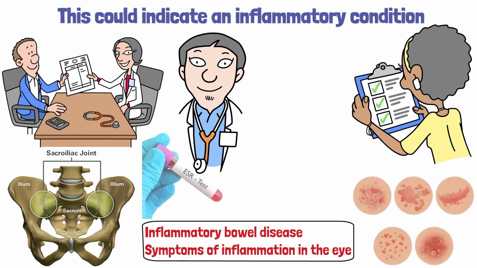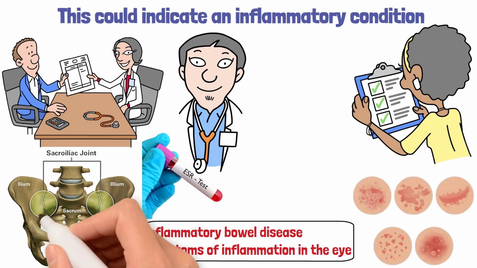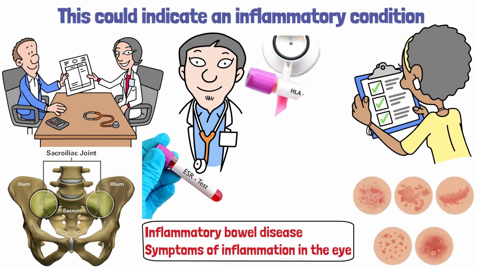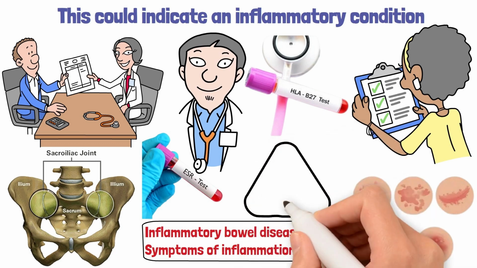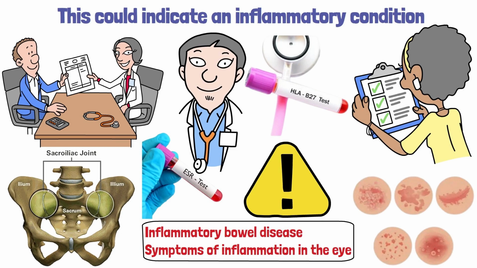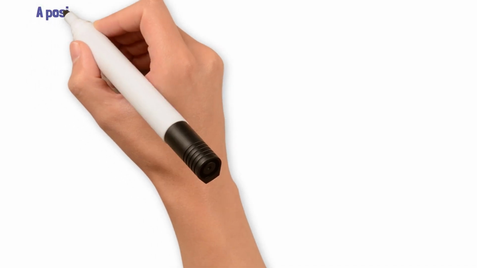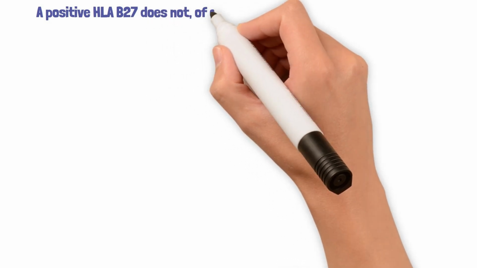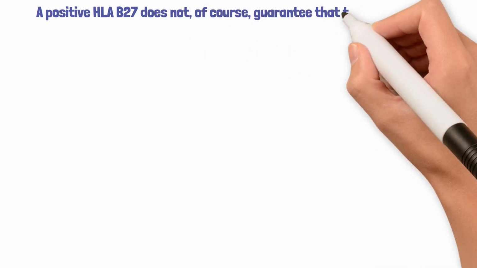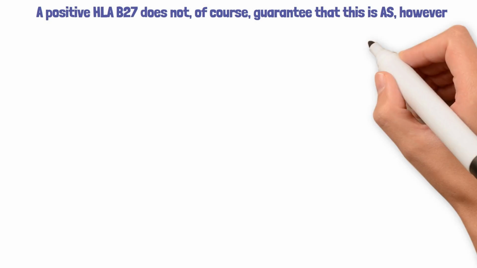Blood tests such as the C-reactive protein or ESR can indicate the presence of inflammation, while the HLA-B27 test can be used to see if you're at a higher risk of developing the condition. A positive HLA-B27 does not, of course, guarantee that this is AS, however.